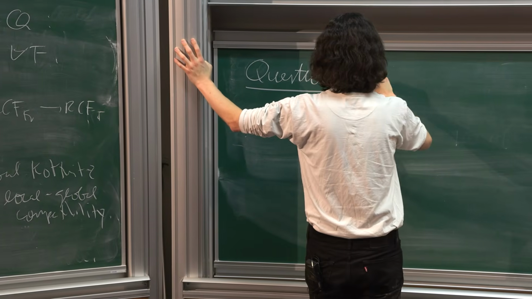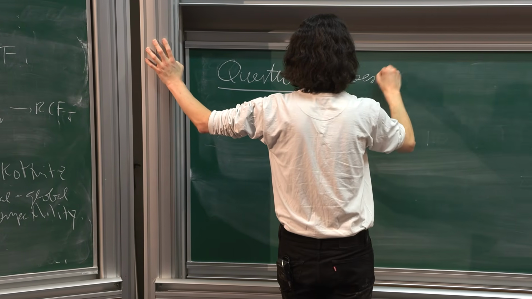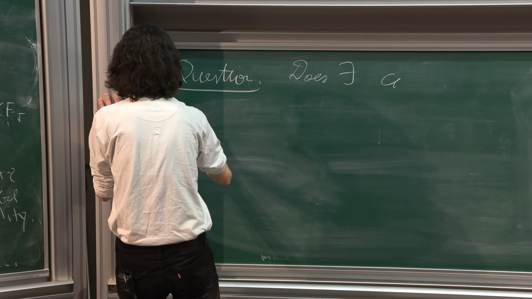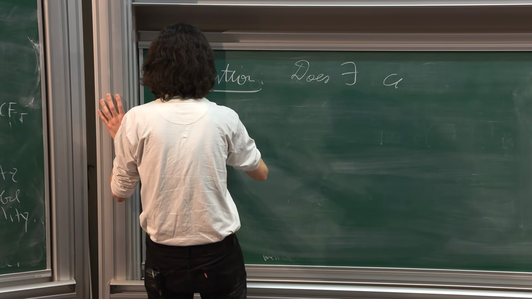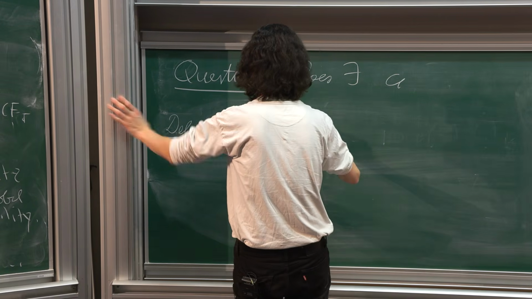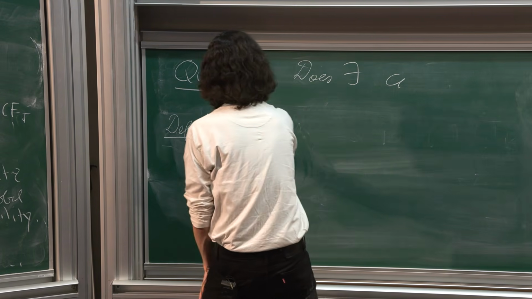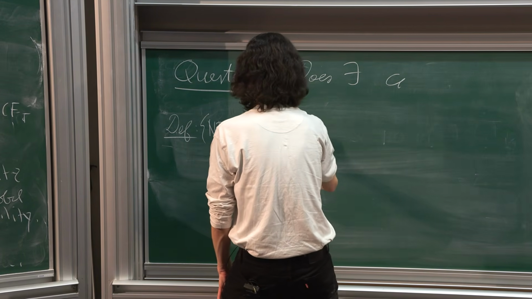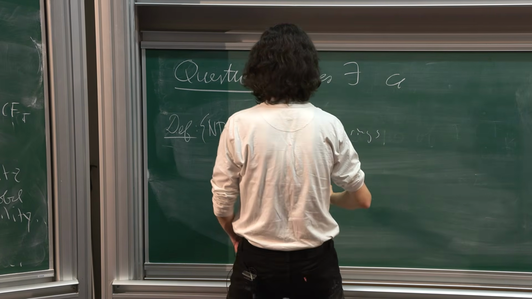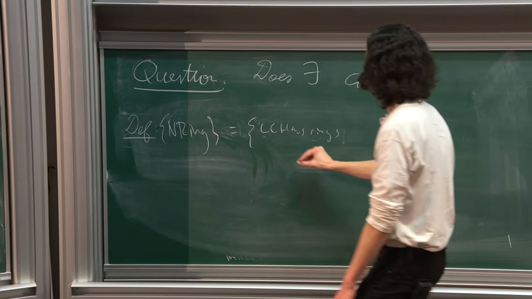So, does there exist a canonical, sorry, definition. Let me define a number ring. So the category of number rings is the category of locally compact Hausdorff rings which appear in number theory.